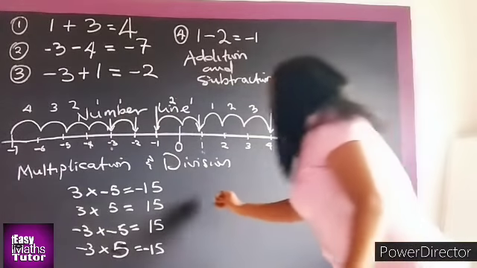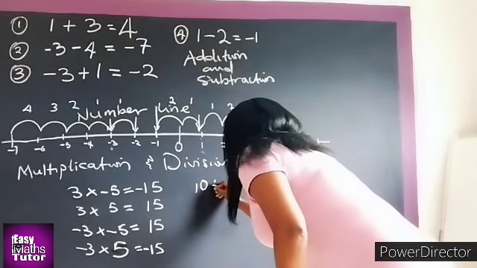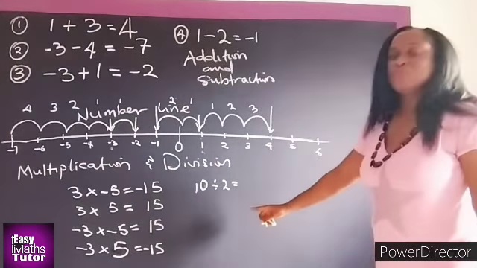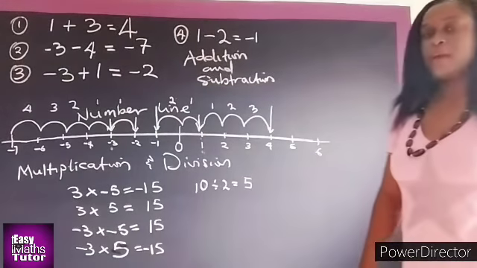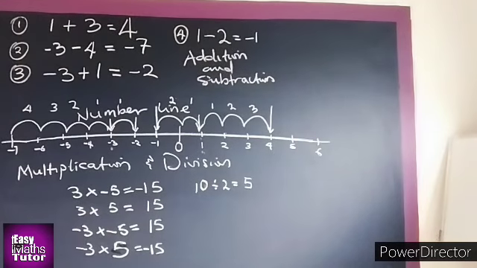For division, let's say 10 divided by 2. 10 divided by 2 will give us 5.